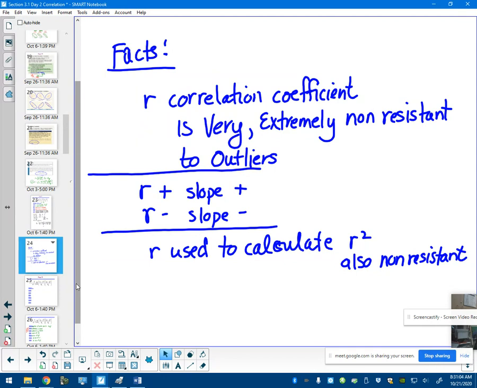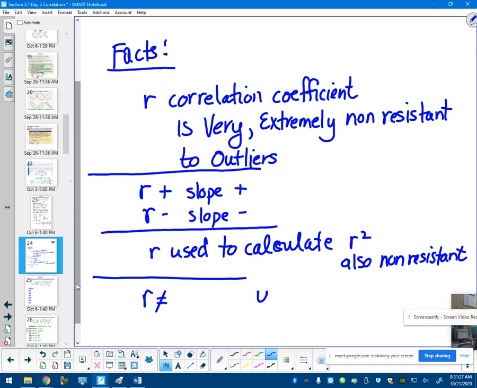r does not equal the slope, but it's used in the calculation of the slope. So maybe we should write that one down. r does not equal, and I apologize, I didn't do this. The statisticians did not get together with mathematicians when they came up with the equation of the linear regression line.